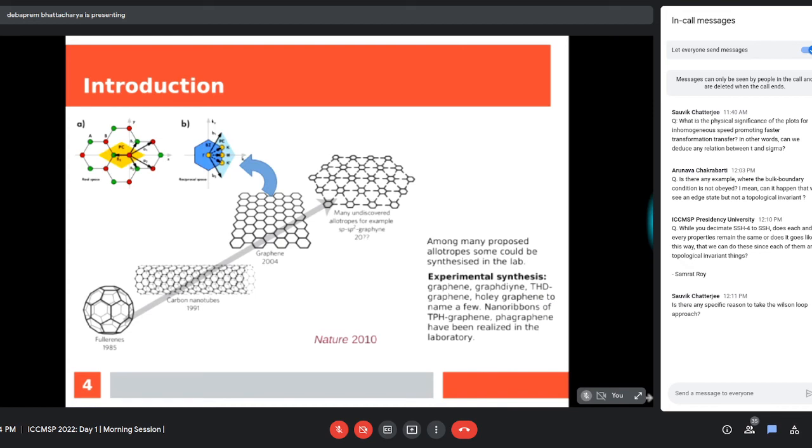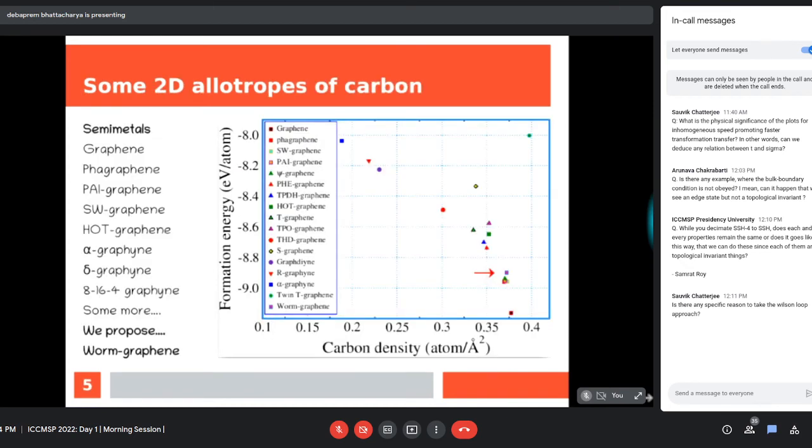Now, the question is, how do we look at these allotropes in terms of their formation energy? Here we have plotted a graph showing the formation energy of quite a large number of two-dimensional carbon allotropes with their carbon density.